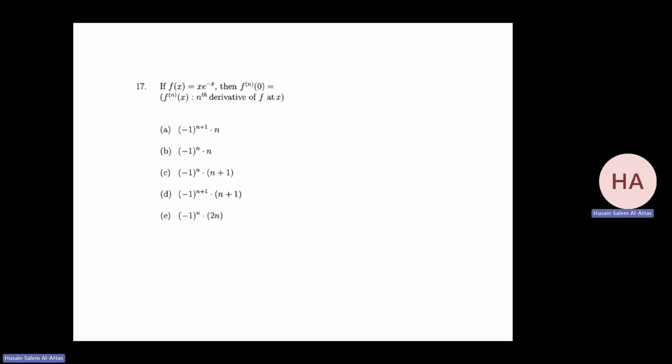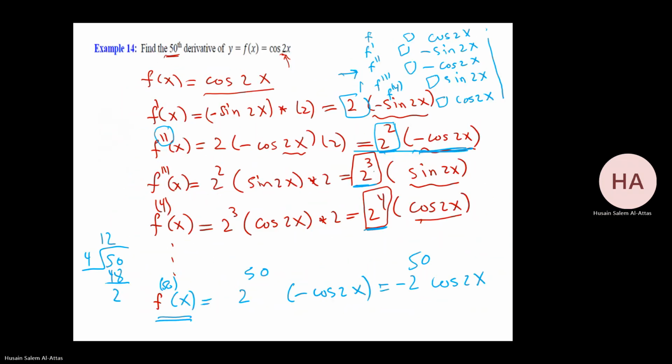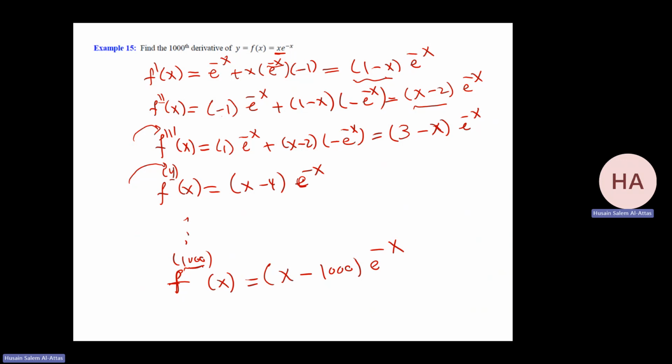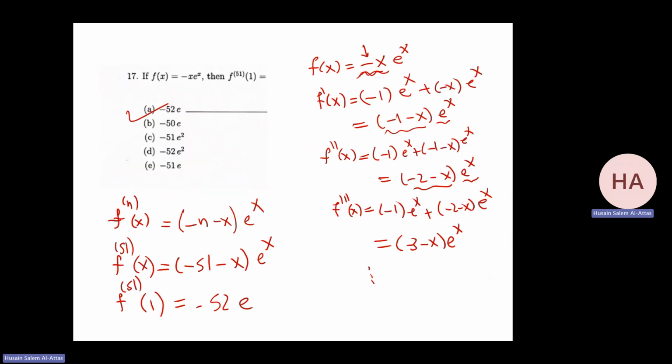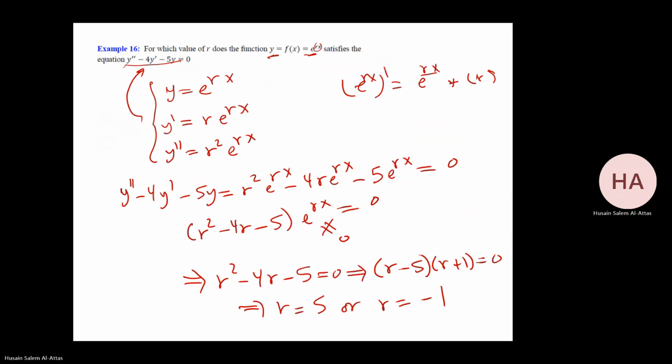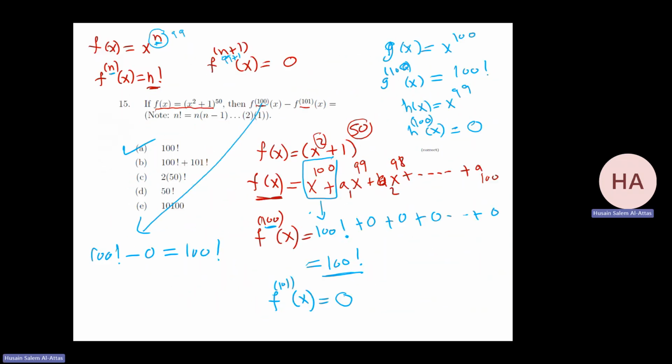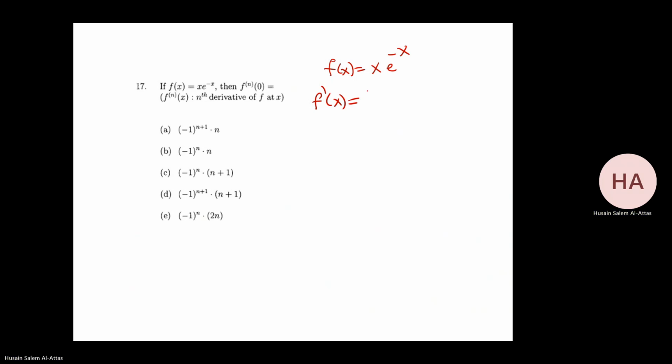x e to the power minus x. I think we did this, yeah, we did it here. Let me write what we did, and now try to figure it into one format. For x e to the power minus x, the first derivative, if you remember, is 1 minus x.